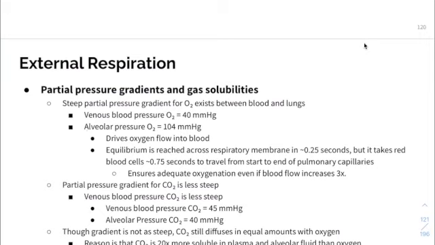Oxygen has a very steep partial pressure gradient. Remember, we said that partial pressure is the pressure of each of the different kinds of gases that we're breathing in with each breath. Even though we're breathing in nitrogen, sometimes argon, and other gases, the only gases that we really care about are oxygen and carbon dioxide.